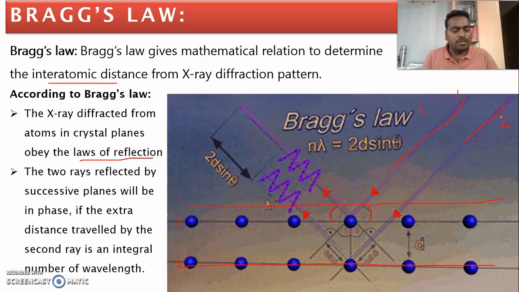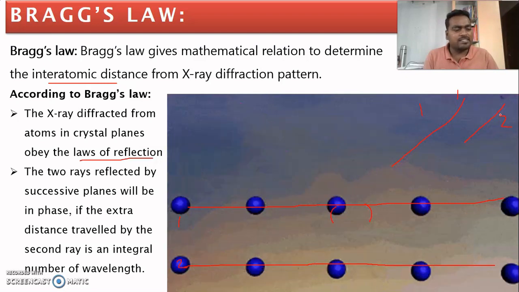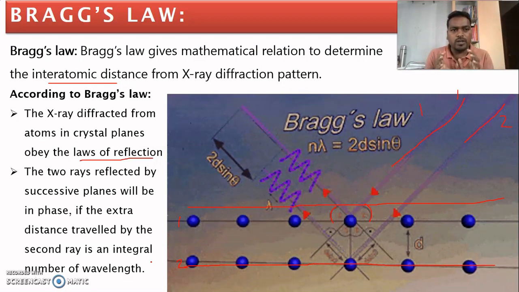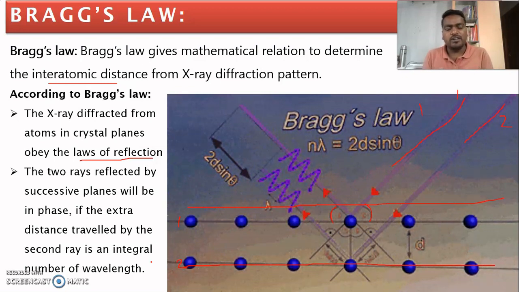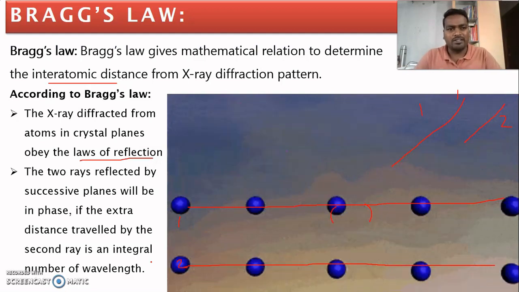So beam 2 travels some extra distance. The extra distance which is traveled by beam 2 is an integral multiple of wavelength. So this is the law. Here we are going to calculate this extra distance. If we know how this extra distance is related to wavelength, this can be understood through derivation.